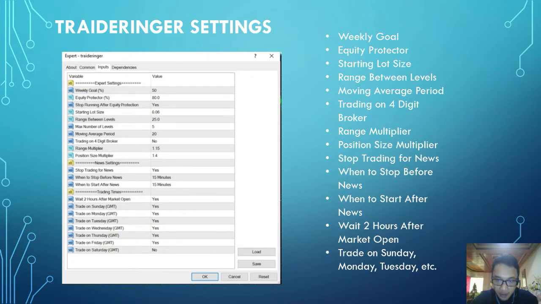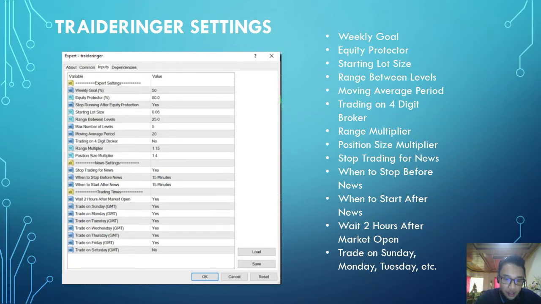That's range multiplier. The position size multiplier: every time the robot is in drawdown and it reaches a certain range between levels, computed also through the range multiplier, it multiplies the previous lot size in order to cost average.